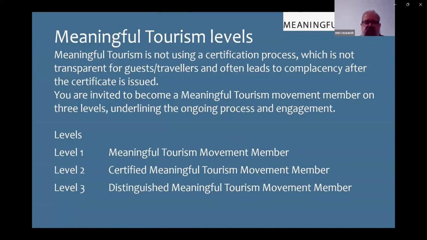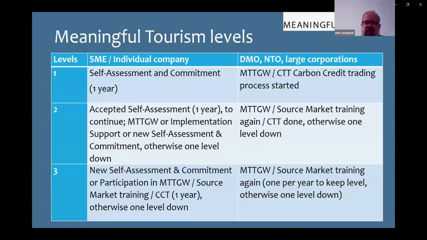So how does it work? Here you have an overview, and we have to distinguish between small and medium-sized enterprises, small companies, and destination management organizations, national tourism organizations, large corporations like hotel groups or airports and so on. So first, let's talk about the SMEs. There is something called the self-assessment and commitment, and this can then be renewed.